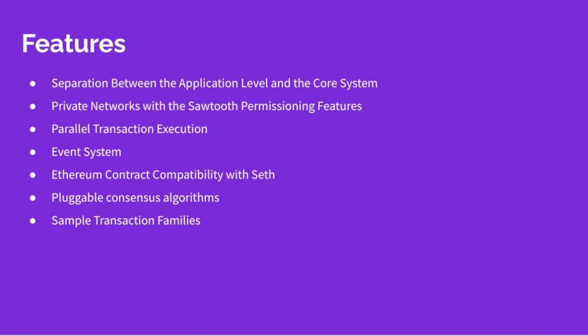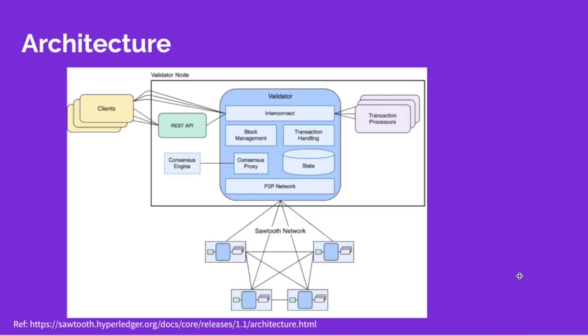Let's come to the architecture. As you see here, this network consists of various validator nodes. If we go inside the validator node, we are communicating with the validator through the REST API interface, which is provided by Hyperledger. Here you will be communicating using your client.